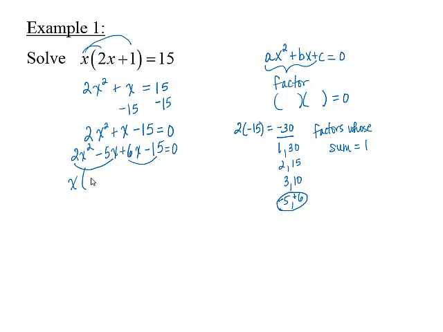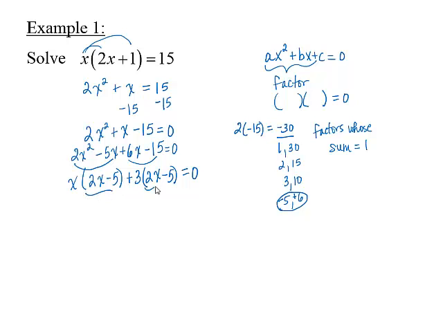Factoring that out leaves 2x minus 5. The terms 6x and 15 have a 3 in common, so we factor out a positive 3, leaving 2x minus 5. And then set that to 0.